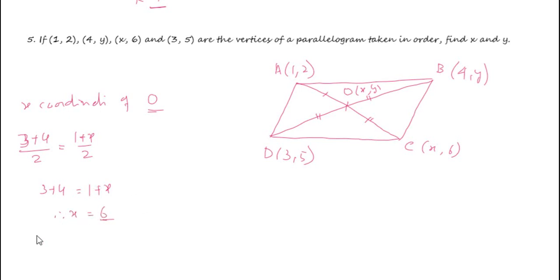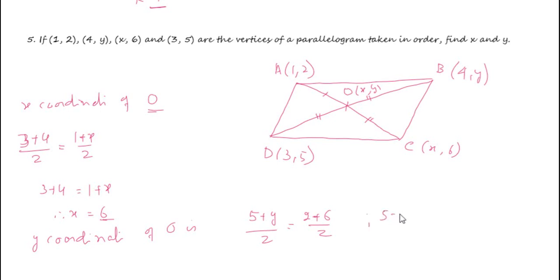In a similar way, y coordinate of O is 5 plus y divided by 2, that is also equal to 2 plus 6 divided by 2, because O is the midpoint of both the lines.